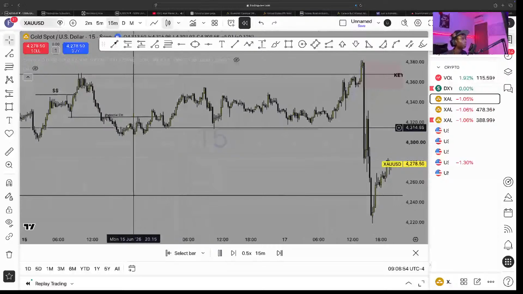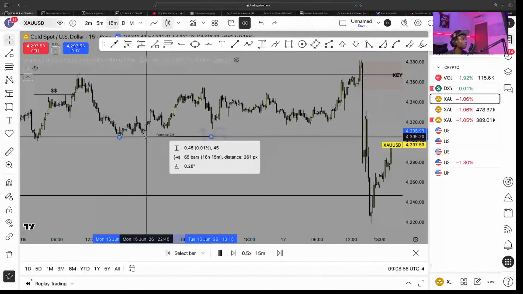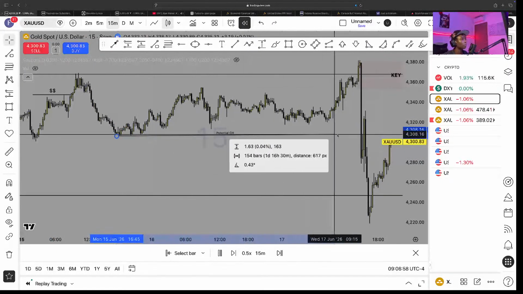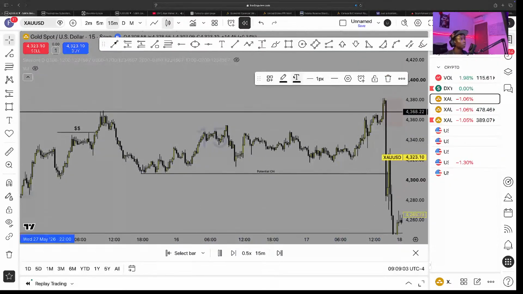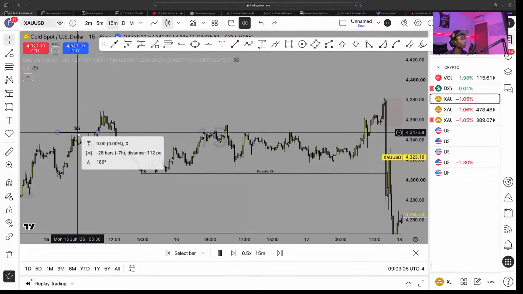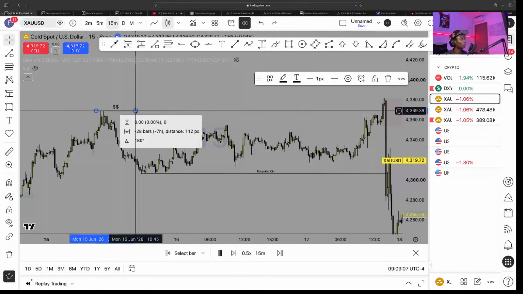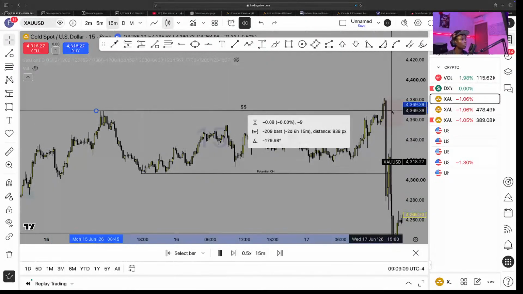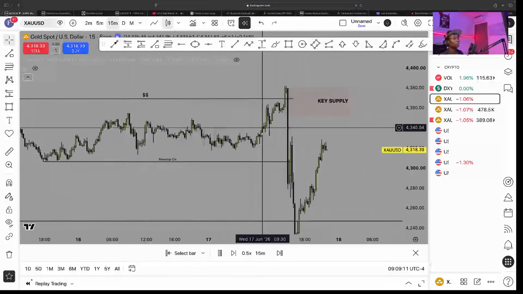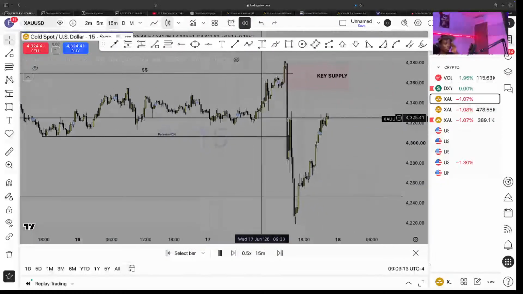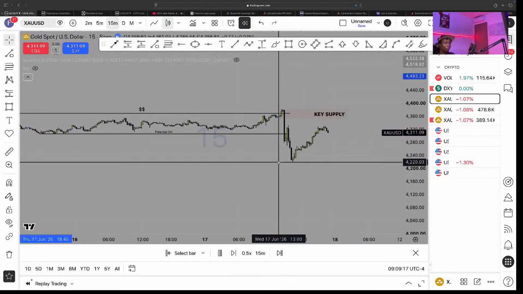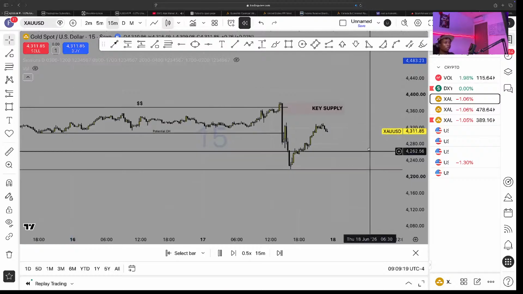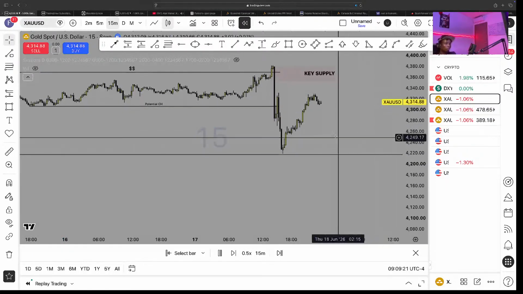So you guys can see this place now is gonna be my partial CH. And this high now is gonna be my liquidity. So you guys can see if we have another break below this point, then I'm gonna keep shorting.